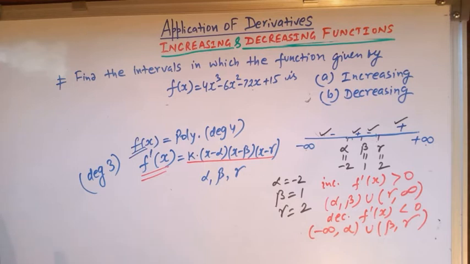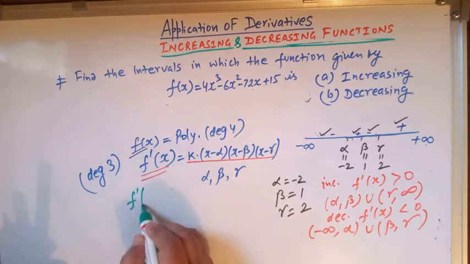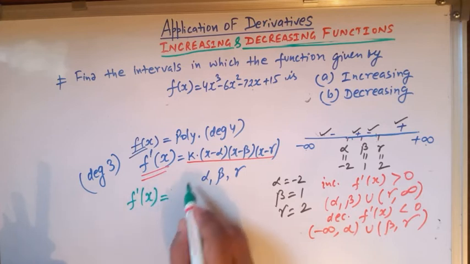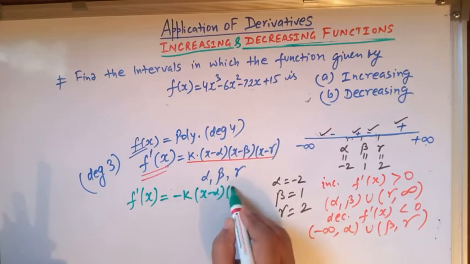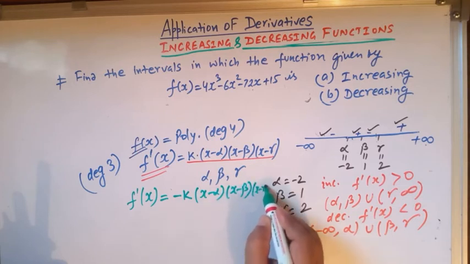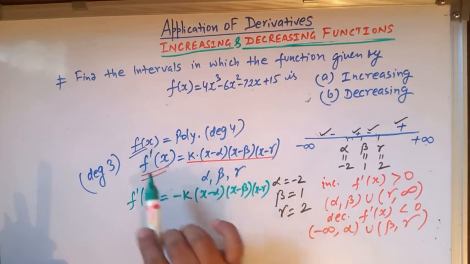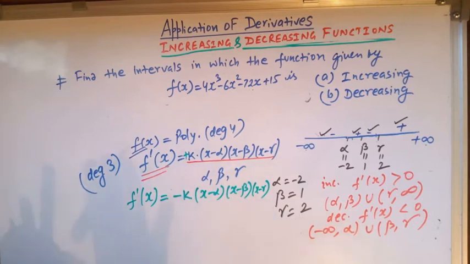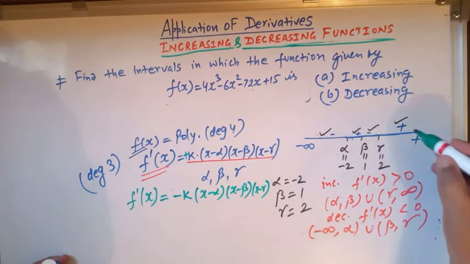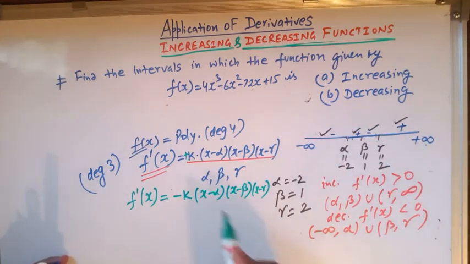But if we have this derivative f'(x) equal to, say, minus k times (x minus alpha)(x minus beta)(x minus gamma), so if this derivative is expressed like this, that is, here we have the positive sign and here we have the negative sign, in that case what we will do, we will just reverse what we have done in the first case.